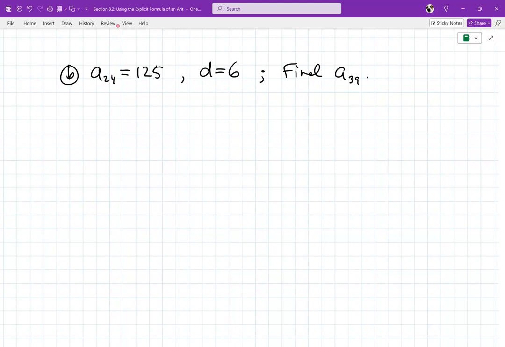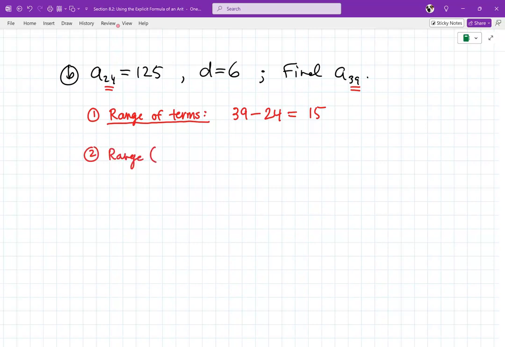Step 1, the range in terms. So I have 24 and 39. So 39 minus 24, as you said, 15 terms total, right? That we would need to figure out. So there's my range. Step 2, the range times the common difference.